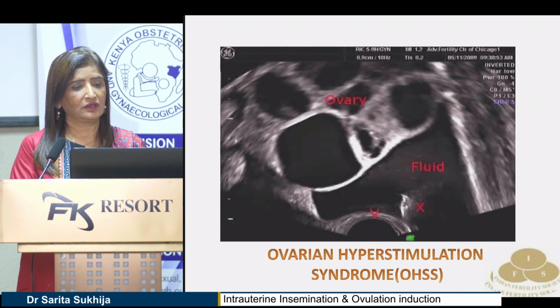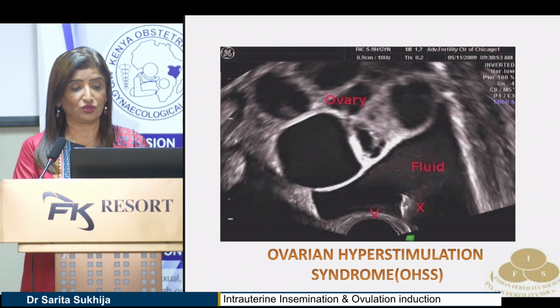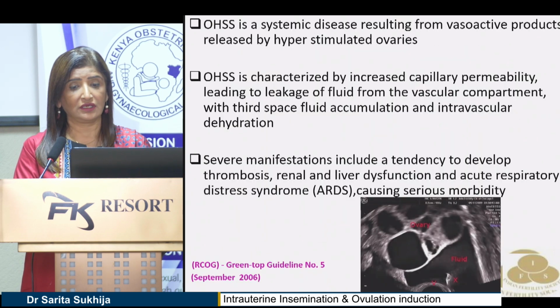There can also be ovarian hyperstimulation syndrome, especially in PCO patients, even with 50 milligrams of Clomid. So one should be very, very careful about the ovulation induction.